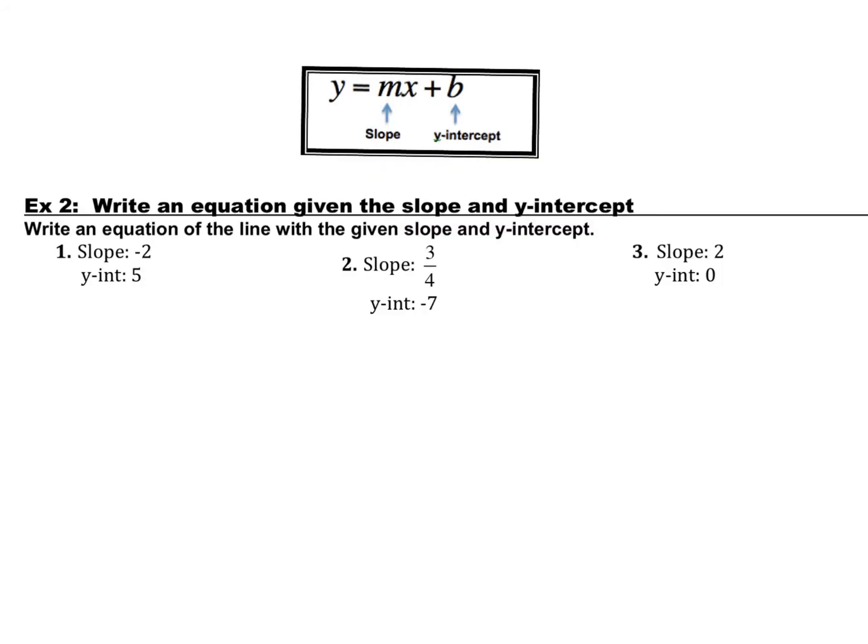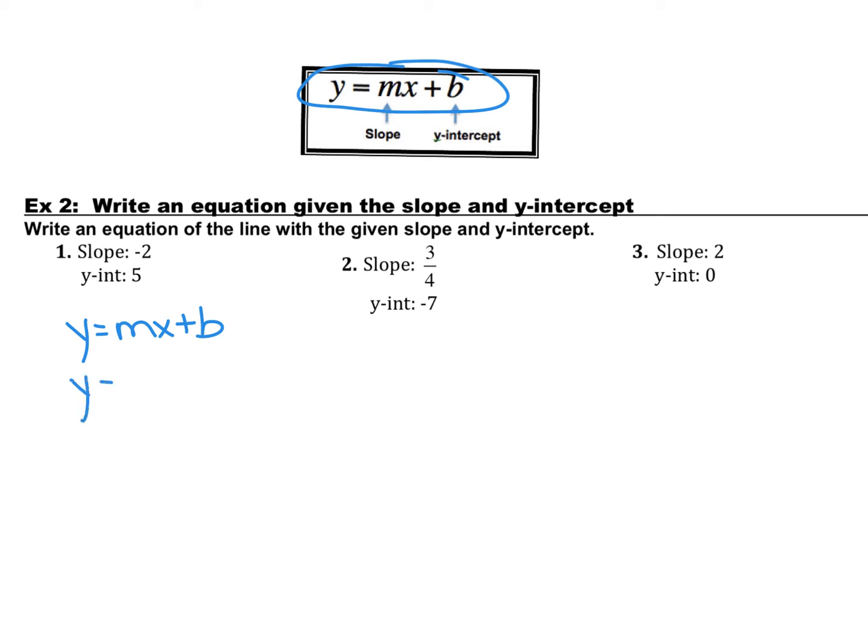All right, so example number 2, let's write an equation given the slope and the y-intercept. So in this case, we're given both the slope and the y-intercept. So we need to take this information and plug it into this formula right here. So I'm going to write down the formula right here. And all we're going to do is plug in our slope and plug in our y-intercept.